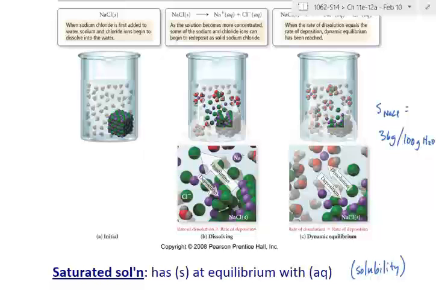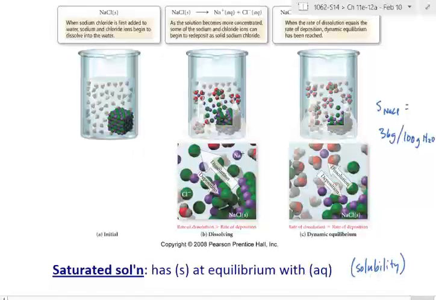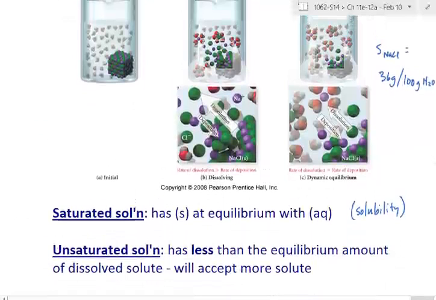Once you reach that upper limit of solubility, anything additional you add will just remain as solid. Okay? So an unsaturated solution has less than the equilibrium amount of dissolved solute. So if we had 30 grams of sodium chloride dissolved, the test is whether or not it would be able to accept more solute.